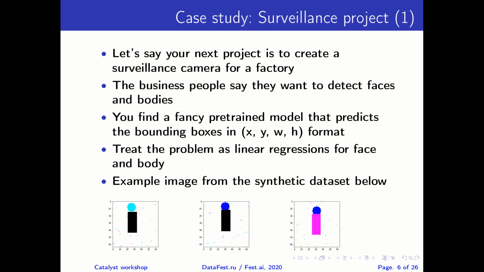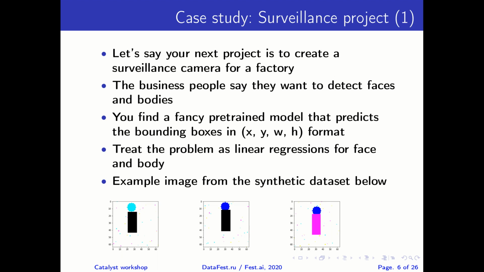And you treat this as a linear regression, so with a mean squared error, and you use some sort of fancy pre-trained model for this, maybe some sort of RetinaNet, or some sort of fancy model you have found online, and in the end you have a regression head for X, Y, W, and H.